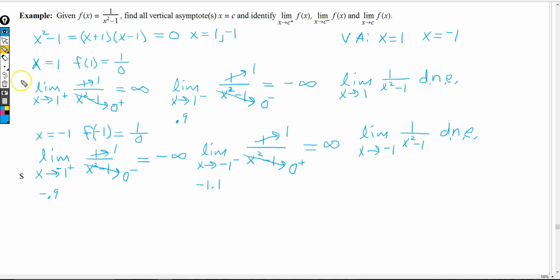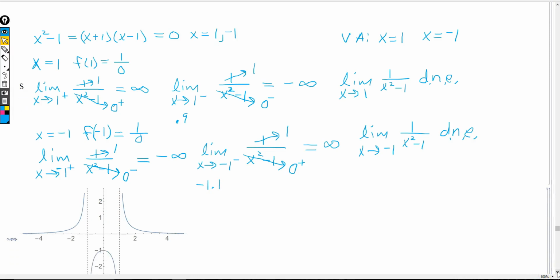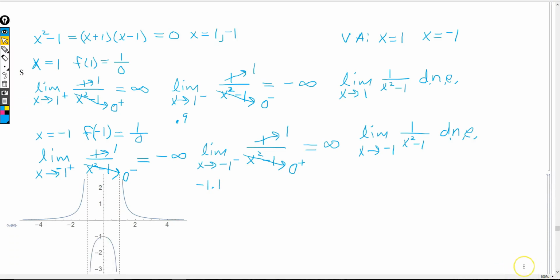Okay, let's see if all of this matches up with what the graph of the function actually looks like. So I'm going to bring that up here. So here's what the graph of the actual function looks like. Right here is -1. Right here is +1.